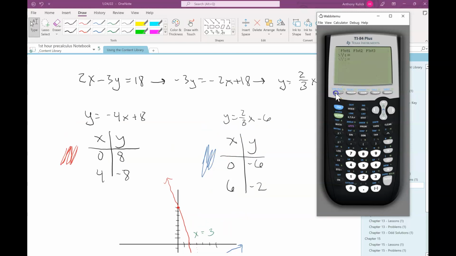So what I would do now is use my calculator. Again, my equations have to be in slope-intercept form. So I'm going to type negative 4x plus 8 into one slot, and 2/3 x minus 6 into the other slot.